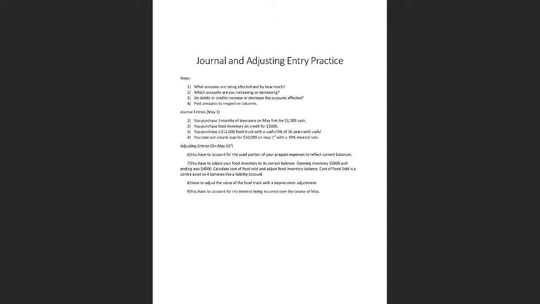So we're going to be debiting our food inventory for $1,000. There we go. And we're going to credit our accounts payable by the same amount, or $1,000. Okay. So can everyone see that down there? Yes, Catherine.